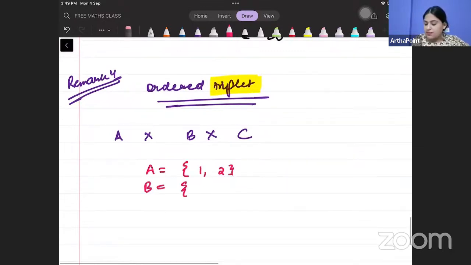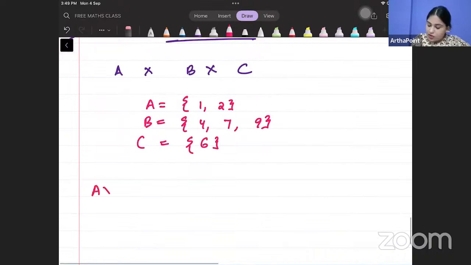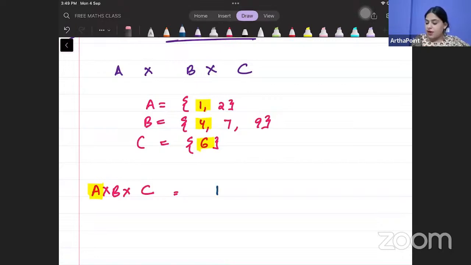B is 4, 7, 9. C is 6. So A cross B cross C means what? You will take the first element of A, then B, then C. So you will get this as 1, 4, 6.